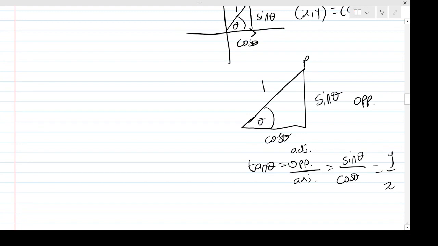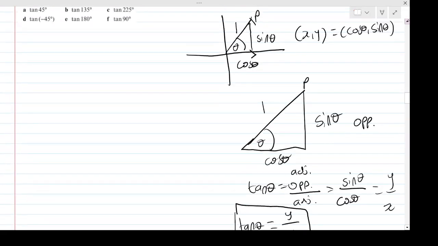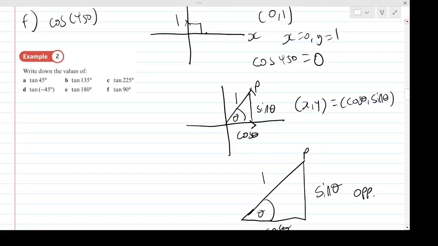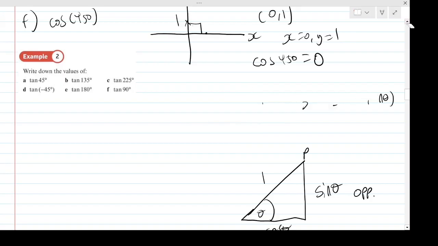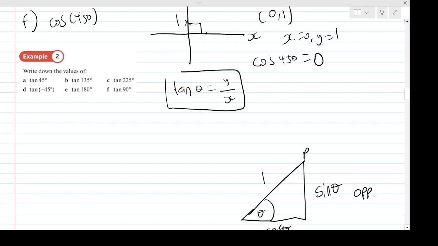And the point is that tan theta, we can also find in this way by just doing the y coordinate over the x coordinate, right? And we know how to find those two coordinates by considering the angles like we did in the other example. But anyway, I'm going to highlight that to make room. So we know that tan theta is the y coordinate over the x coordinate for any point P there.